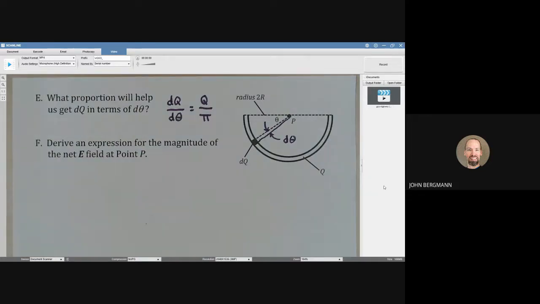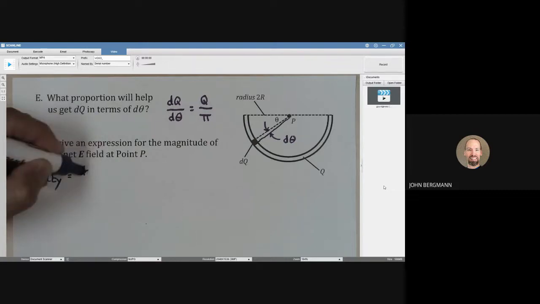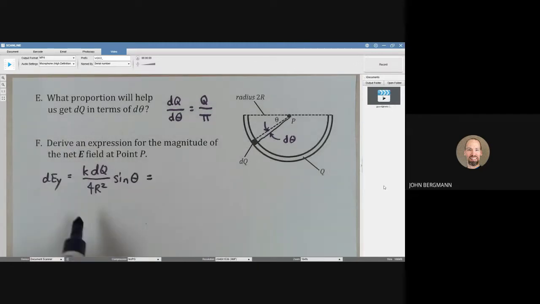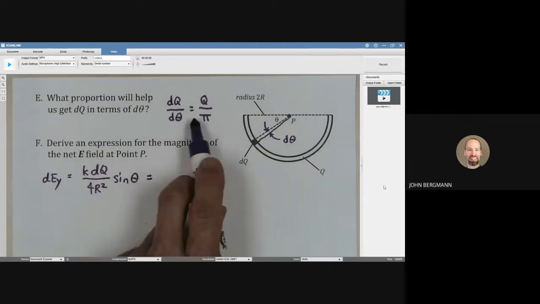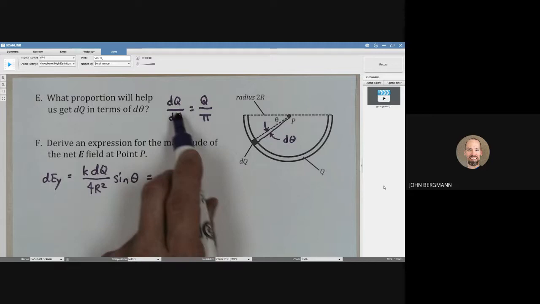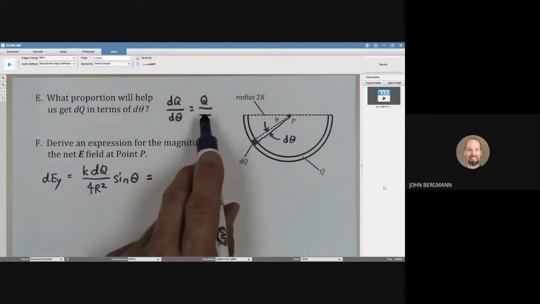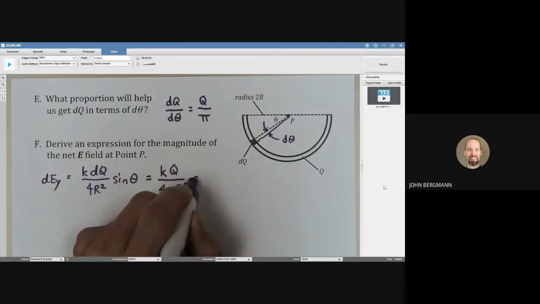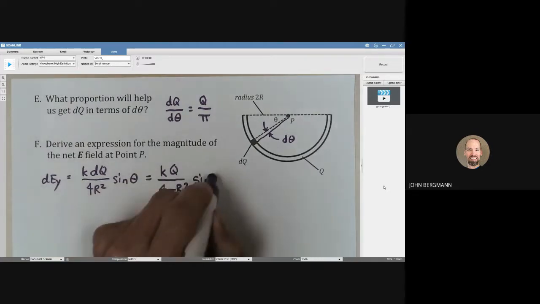What we can do then is we can say dEy was k dq. I'm recopying my work from the previous page here. dq, if we look at this ratio, dq is going to be q over pi times d theta. So let's put all that in here. Q over pi times d theta.